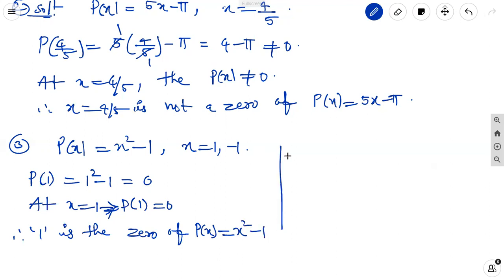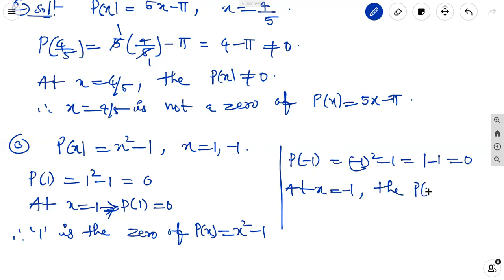In the same way, substitute x equal to minus 1. It is equal to minus 1 whole square minus 1. Minus 1 whole square is 1, minus 1 equal to 0. At x equal to minus 1, the polynomial P of x is 0. Therefore, x equal to minus 1 is the zero of P of x equal to x square minus 1.